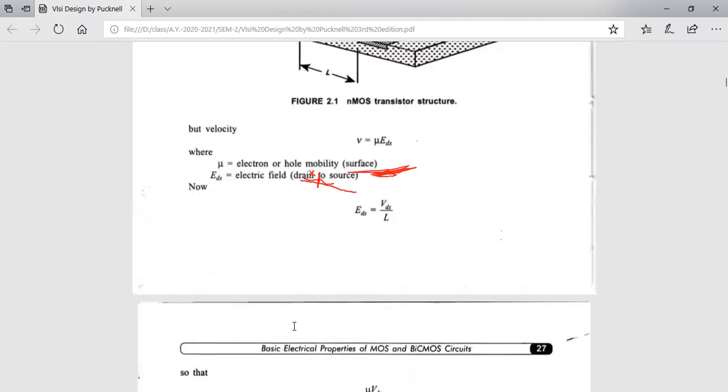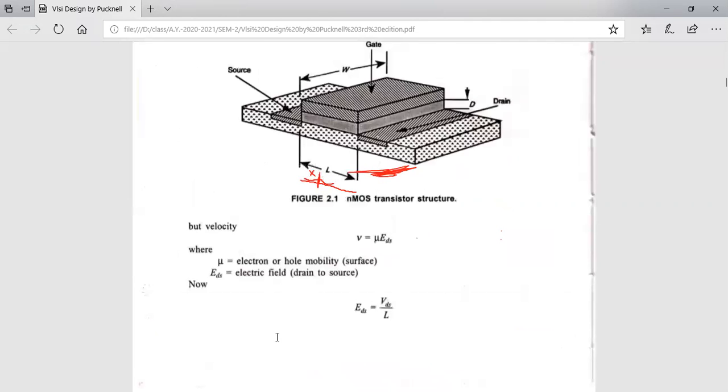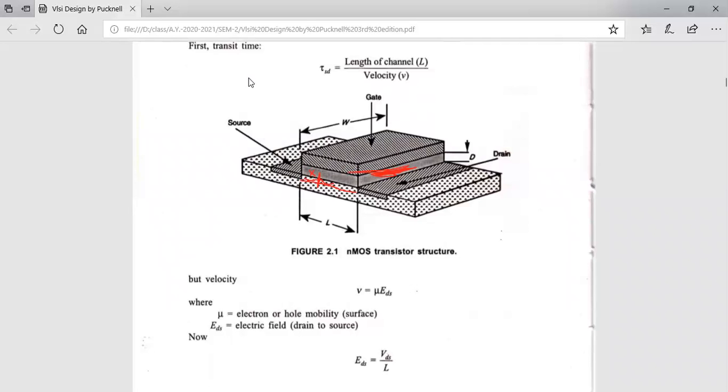If you clearly observe this, think of this as one plate and this as another plate, and this silicon dioxide is treated as the dielectric, just like the concept of a capacitor.